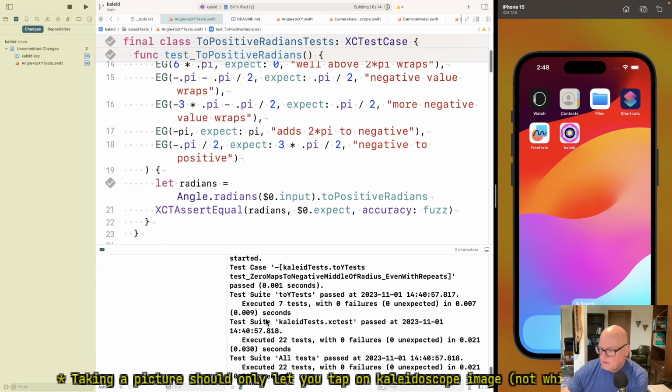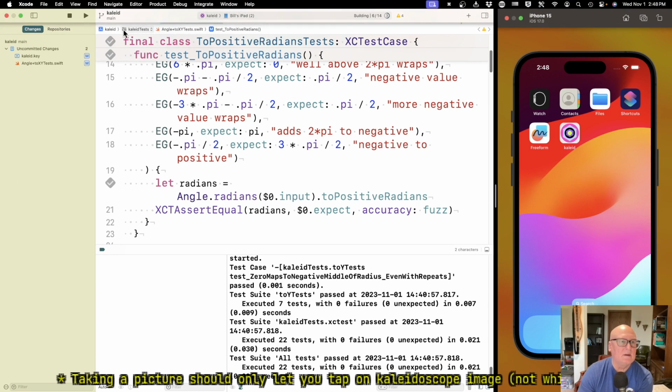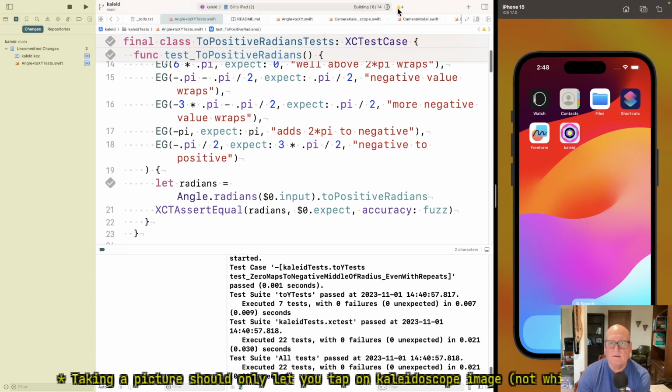It takes extra time sometimes. I can't tell if it's really doing anything or not.